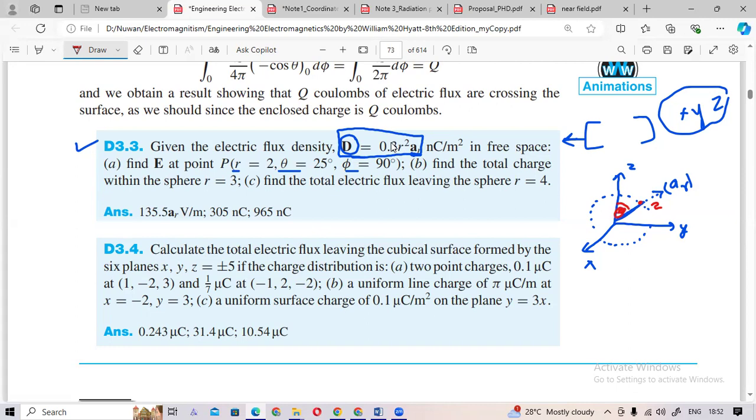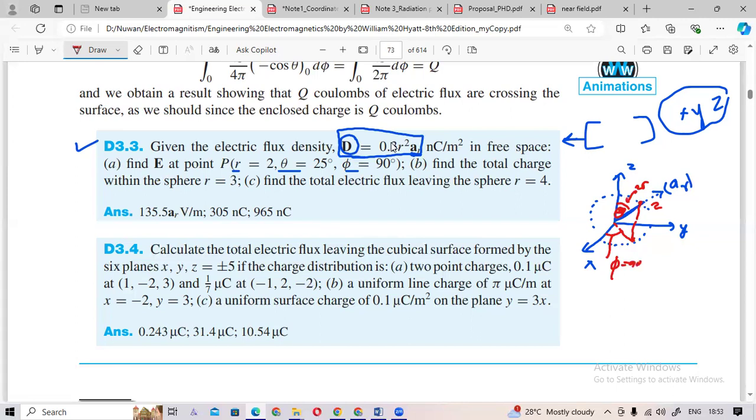Theta is 25, and phi is the angle of this point's image on the XY plane with respect to the X axis. So this is the phi. Theta is 25, phi is 90.